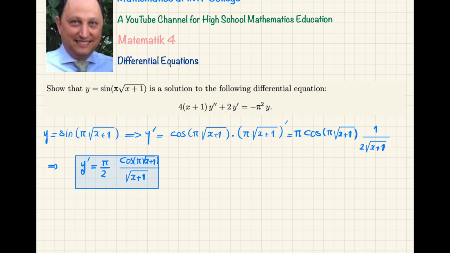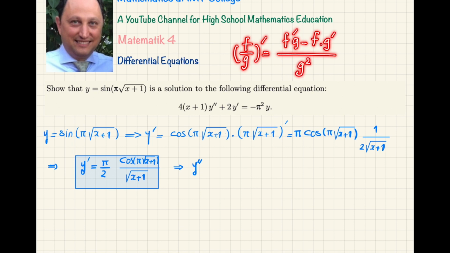Okay. So this is the first order derivative, and now I need to differentiate it once more. For that I have to use another derivative rule, which is the quotient rule, because I have a fraction here. If I have a fraction f over g and I want to differentiate it, it becomes another fraction whose numerator is the derivative of the numerator multiplied by the denominator, minus the numerator multiplied by the derivative of the denominator, divided by the denominator squared.